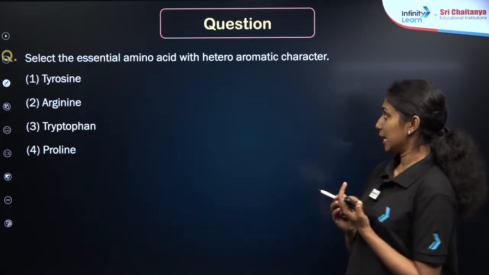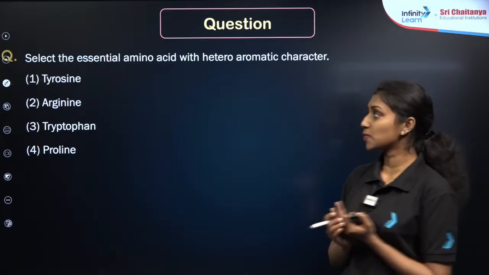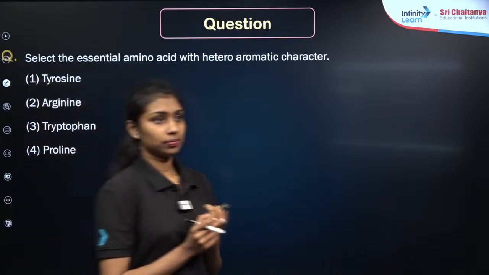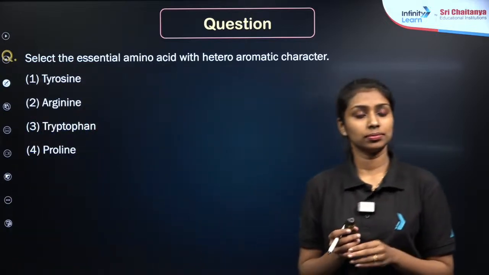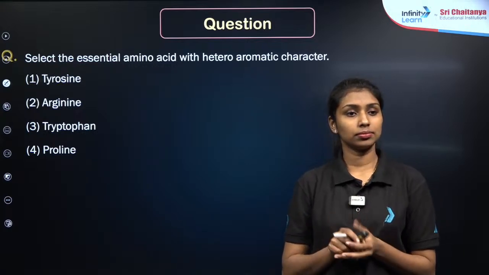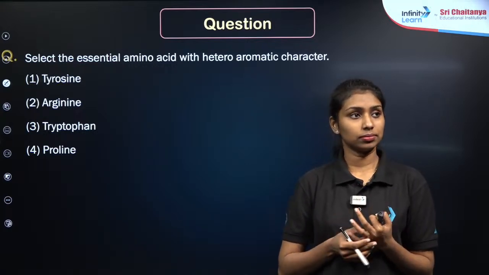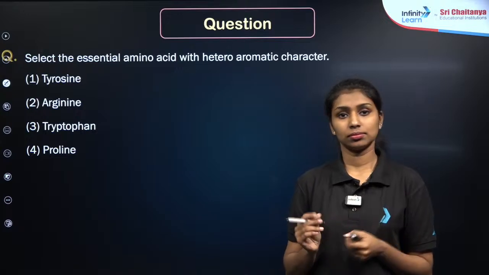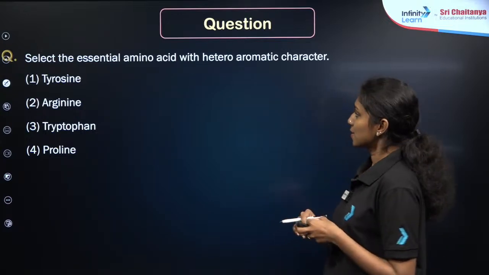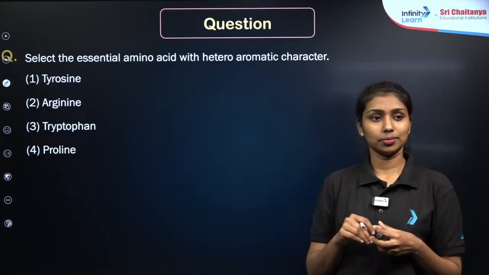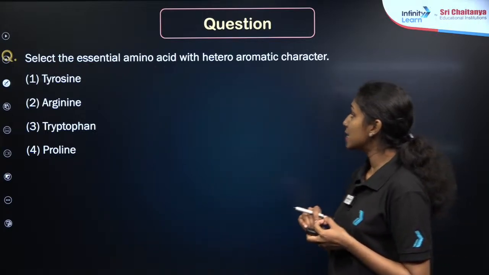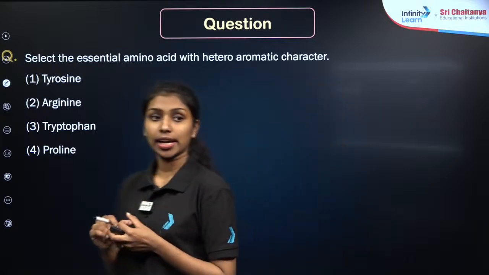Okay, here is the next question. I think this will be the last question from this session. Okay, what is the answer for this question? Select the essential amino acid with heteroaromatic character.